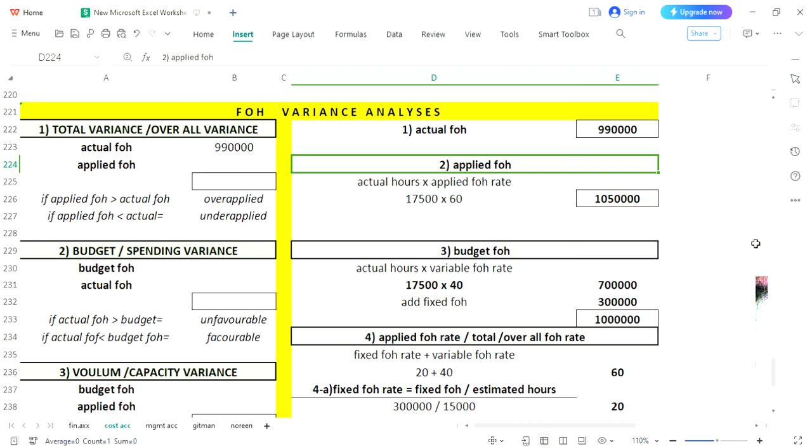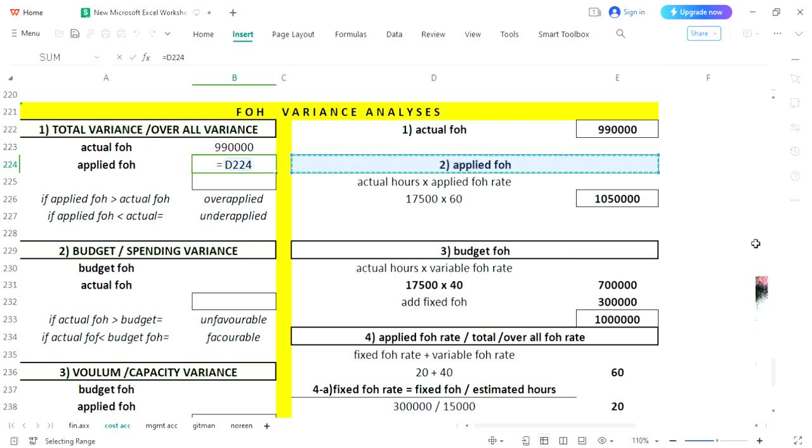This second portion is applied FH you have calculated. I'm highlighting it, applied FH, and how much you have calculated, that is 10,50,000. Put this amount over here. Now you can calculate your variance by deducting actual and applied. Your applied FH was 10,50,000 and you will subtract actual FH from it. You have got your variance.